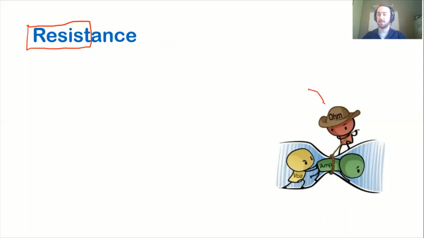Well, we have resistance resisting the flow of amps through our wire. Now, what is amps? Well, it's the unit of what? Of current, exactly. So all resistance is the hindrance of current through our wire.